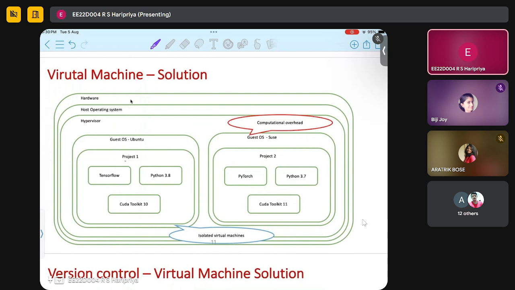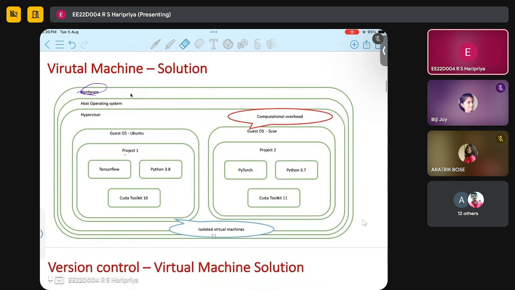Hardware, the host operating system, the hypervisor, and then project one, which is running in a guest OS Ubuntu with Python 3.8 and CUDA toolkit 10, and then another virtual machine which is running in some other operating system, a Linux operating system, with version 3.8 and CUDA toolkit 11.